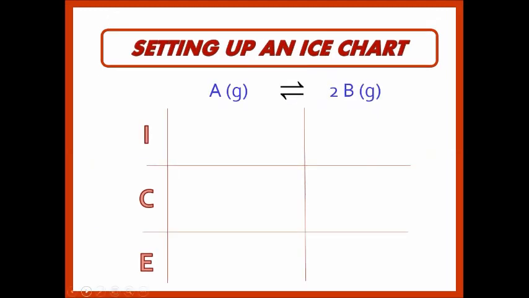So to understand how to set up an ICE chart, it is best to start with a generic example. If we consider the reaction of 1 mole of gaseous reactant A in equilibrium with 2 moles of gaseous product B, we would most likely be given the initial concentration of our reactant A in the problem, and we would know that the initial concentration of product B is 0, because that would be the concentration of the product before any reaction had started, unless otherwise stated in the problem.